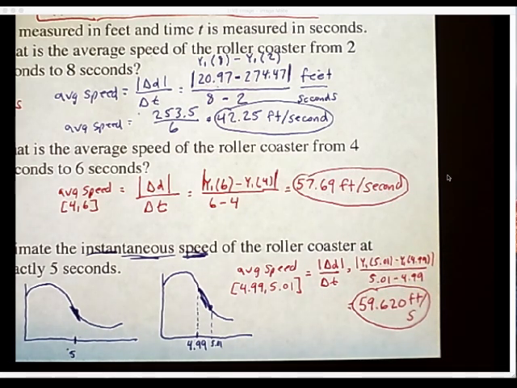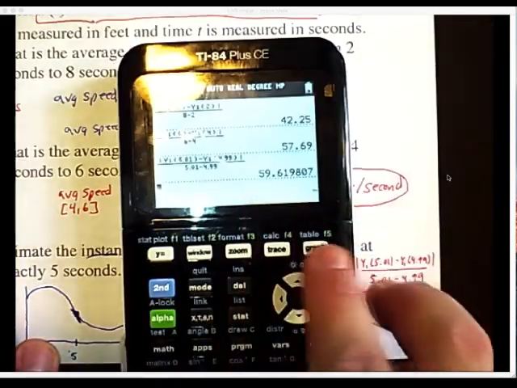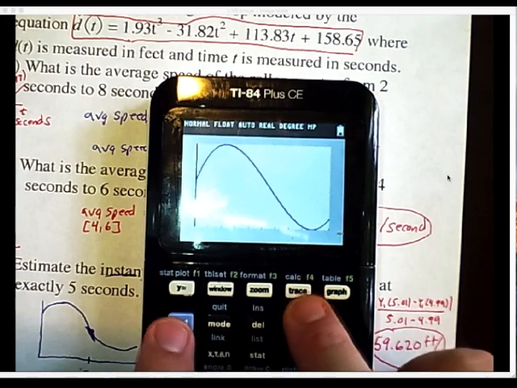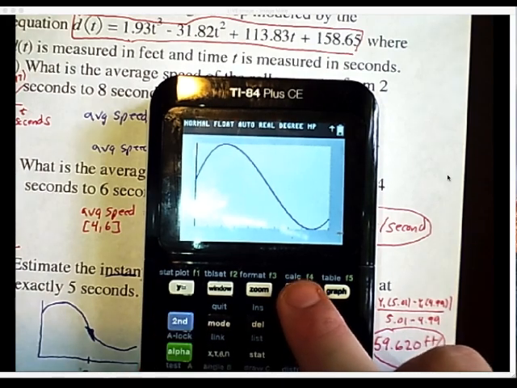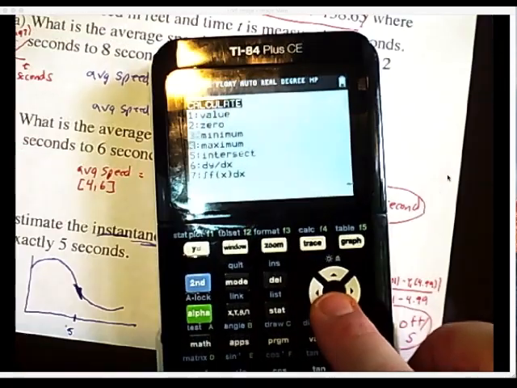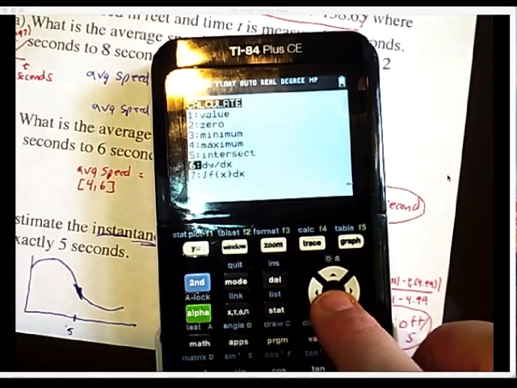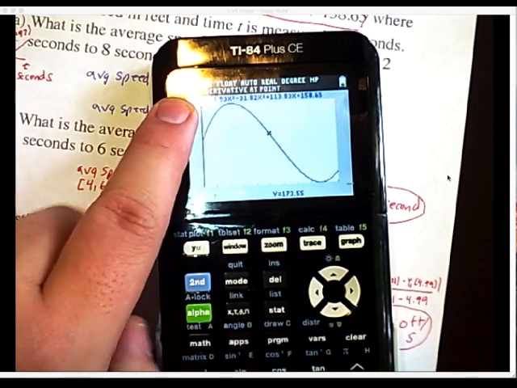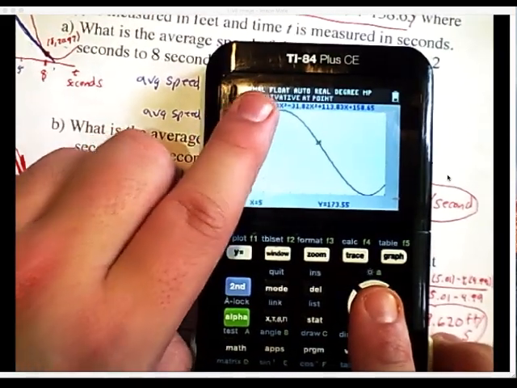Now, what truly is the instantaneous speed? I'll show you how you can find that real quick. I'm not going to tell you a lot about it, but if I hit second trace and go down to option 6, this thing that says dy/dx, calculate the derivative at a point.